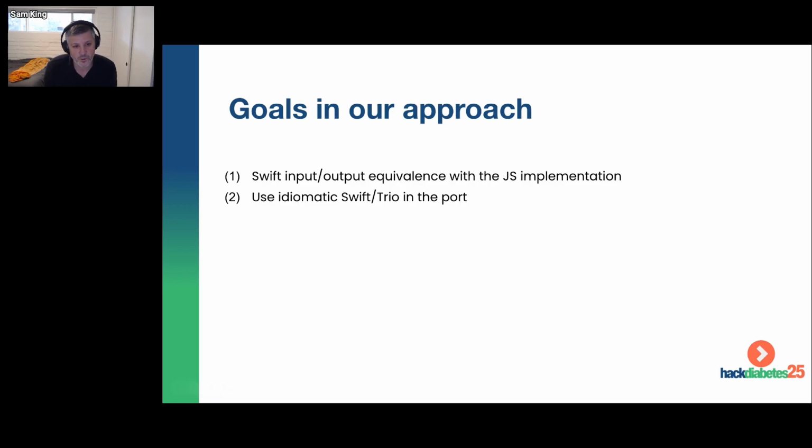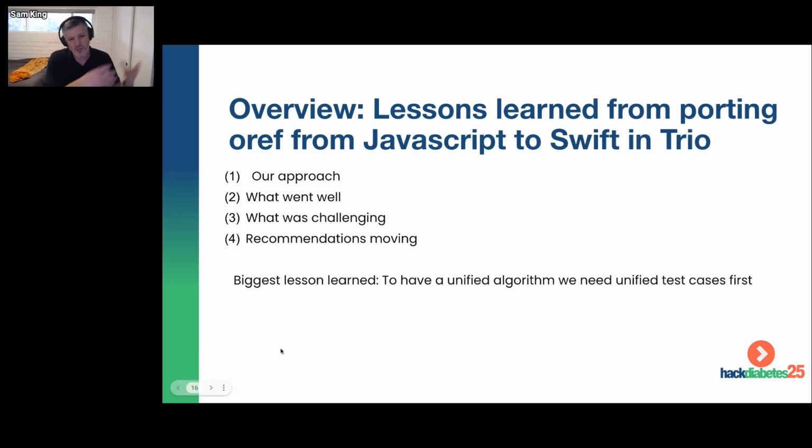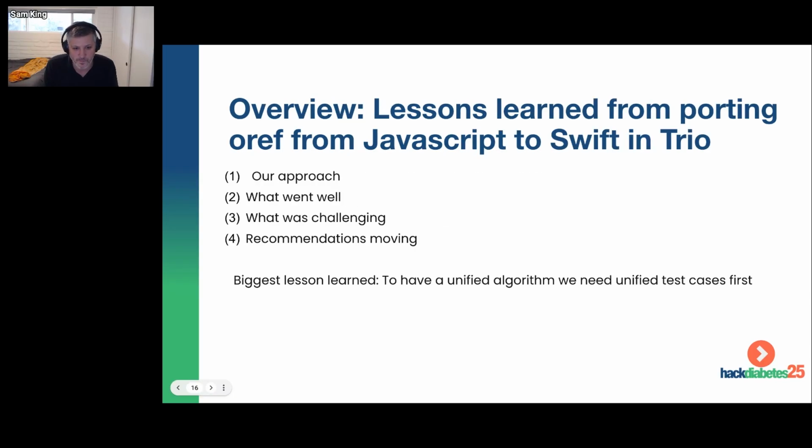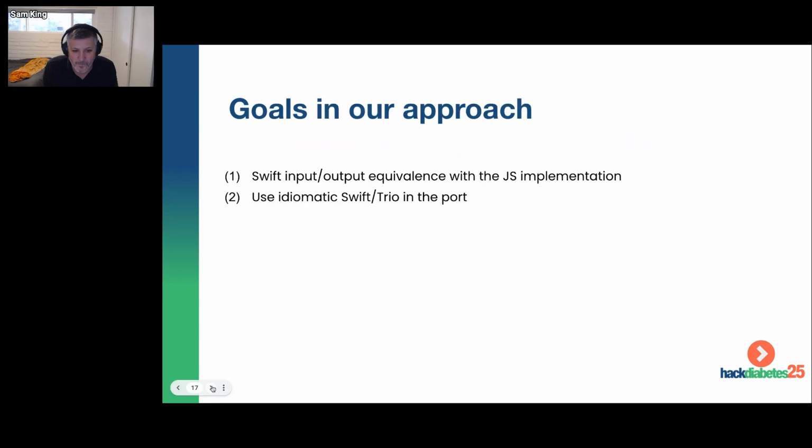The second goal is we wanted to use what's called idiomatic Swift. This is just a fancy way of saying that we want the Swift code to look like it was written as a part of Trio, or as an iOS app natively. We didn't want it to look like JavaScript that happened to use Swift syntax. We wanted to take advantage of the tooling that's available in the platform. Next slide, please. One more.